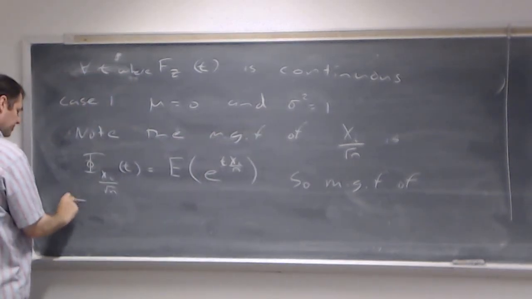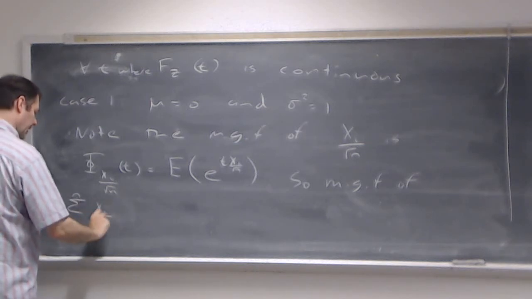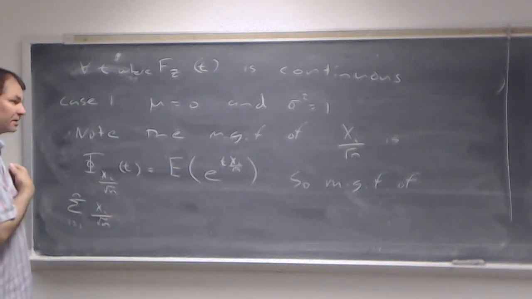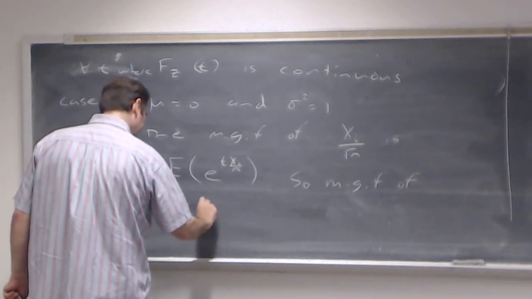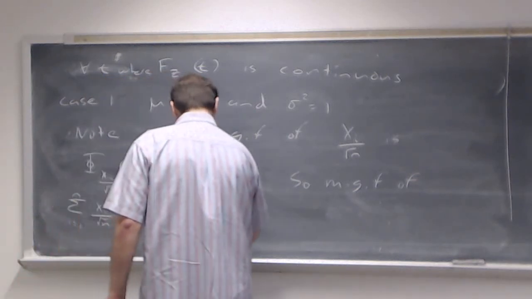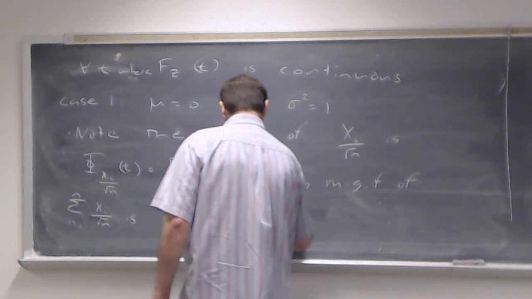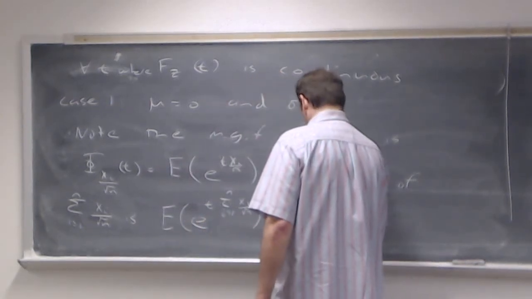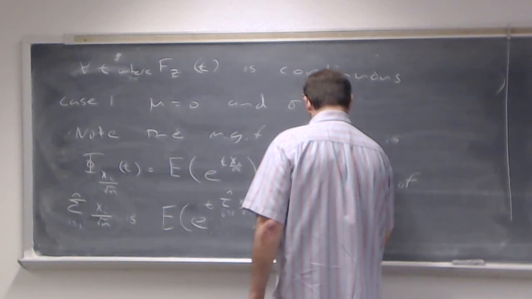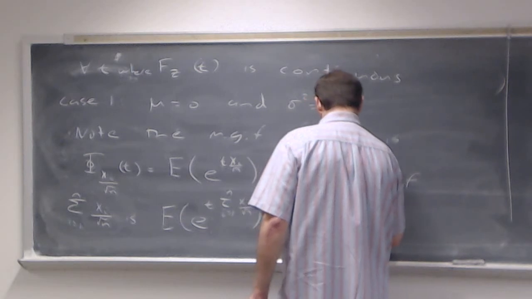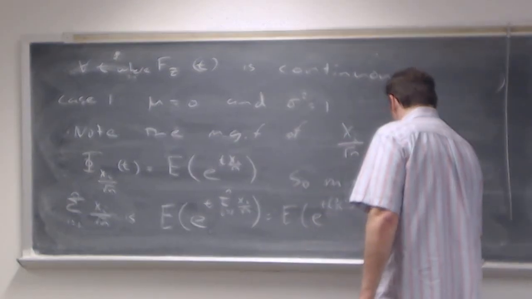So here, the moment generating function of the sum as i runs from 1 to n of X sub i over the square root of n is the expected value of e to the t times the sum as i runs from 1 to n of X sub i over the square root of n, which, if I expand this, is the expected value of e to the t times X sub 1 plus X sub 2, each over the square root of n, and we keep going all the way up to X sub n over the square root of n.